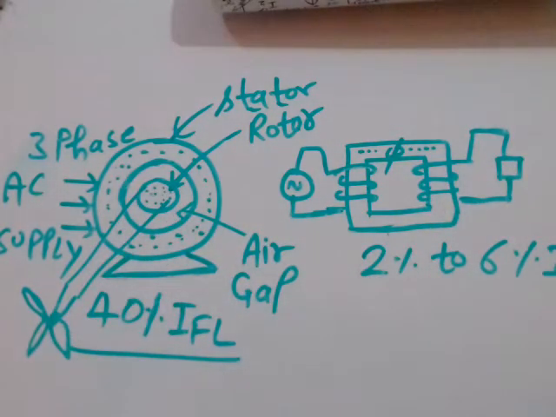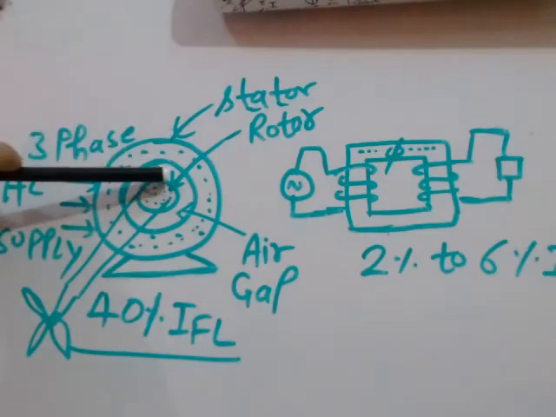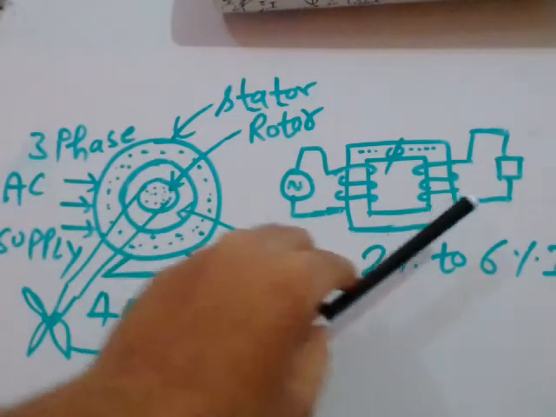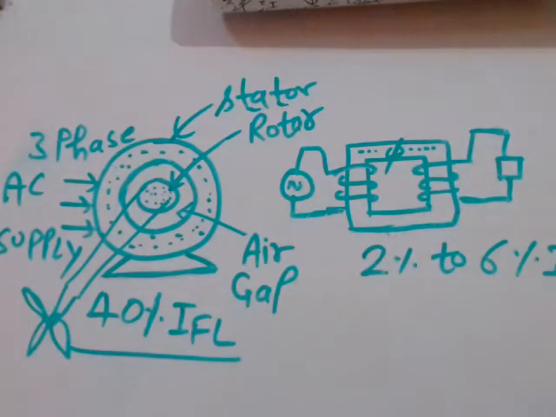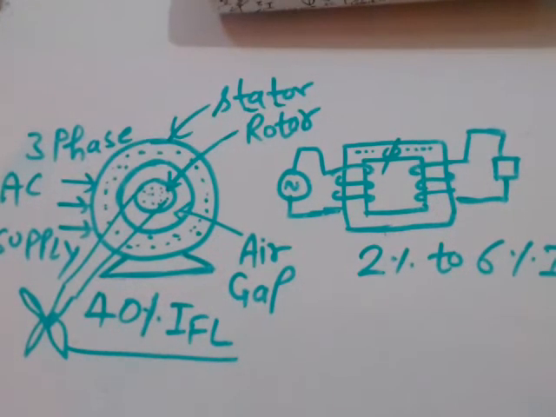By the principle of mutual induction, the induced EMF is developed in the rotor winding. By the principle of mutual induction, the induced EMF is developed in the secondary winding of the transformer. So now our aim is to derive the equivalent circuit for the three-phase induction motor.